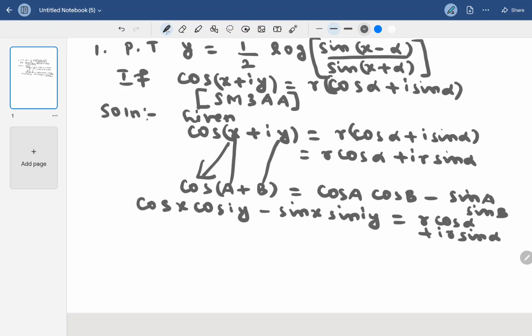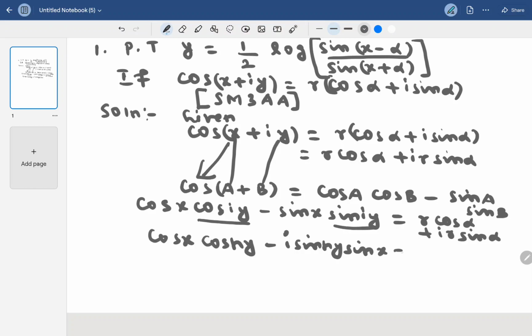We know the value for cos iy. It can be written as cos hy, times cos x. Similarly, sin iy is i sin hy, times sin x, which is equal to r into cos alpha plus i r sin alpha.